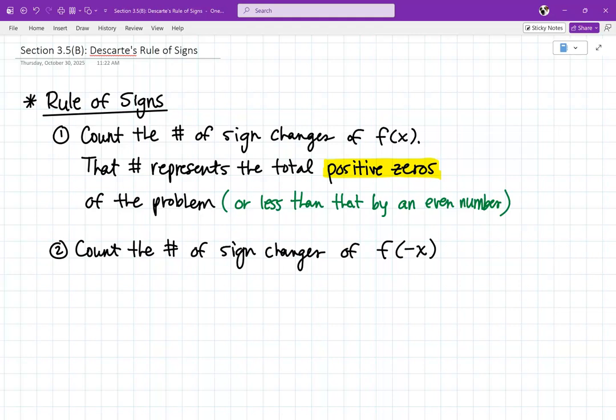So you're going to have to alter your original function a little bit. That number represents the total negative zeros of the problem.